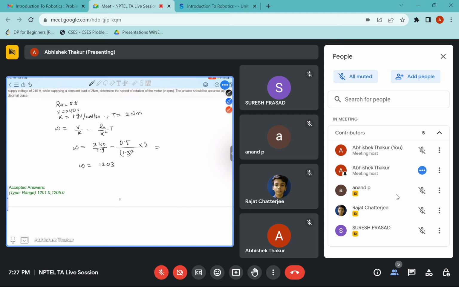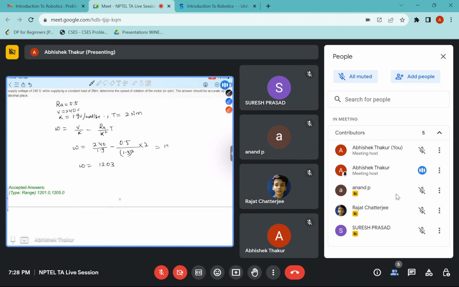After that, you need to multiply it by 60 by 2 pi so that you will get rotation per minute. Because you need to convert seconds into minutes, you multiply by 60 and divide by 2 pi, because you need to convert radians into rotations, because in one rotation it is 2 pi.